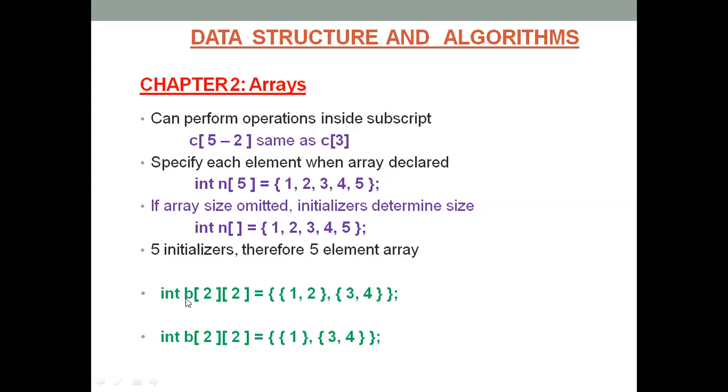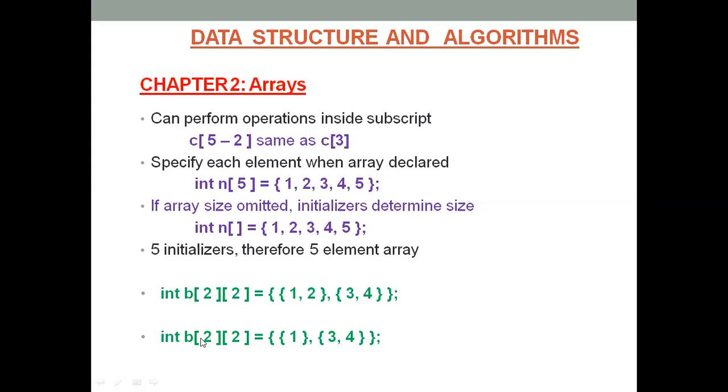Okay, so this is an example of a 2D array. Here we usually declare, for example, n equal to 5. This is a simple 1D array. This is a 2D array. We have a 2 here. The first row has 2 elements, with the values 1 and 2. The second row also has 2, with 3 and 4.